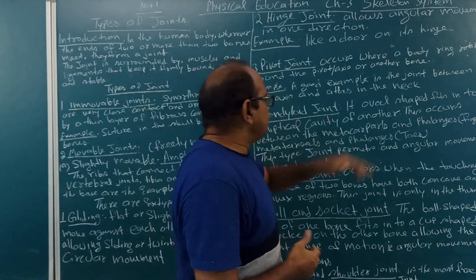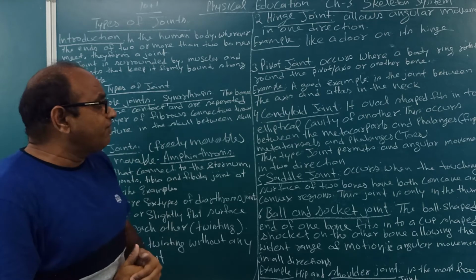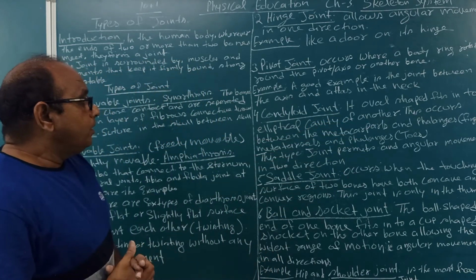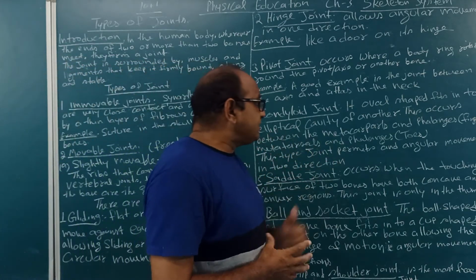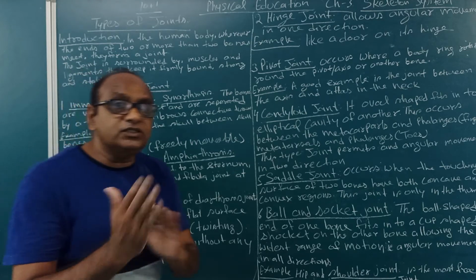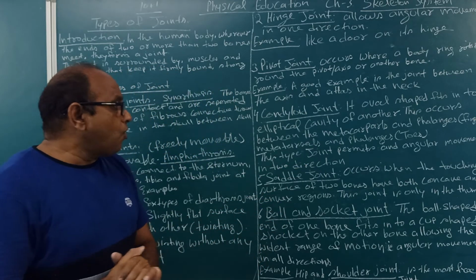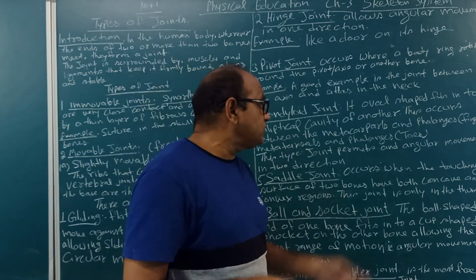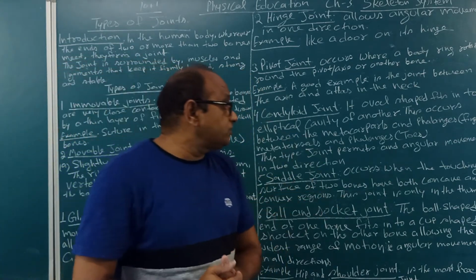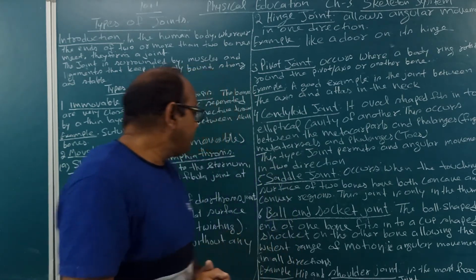Next is condyloid joints. It is oval shaped and fits into the elliptical cavity of another. And this type of joint permits angular movements in two directions only. Next is saddle joints. It occurs when the touching surfaces of two bones have both concave and convex regions. And this joint is only in the thumb.